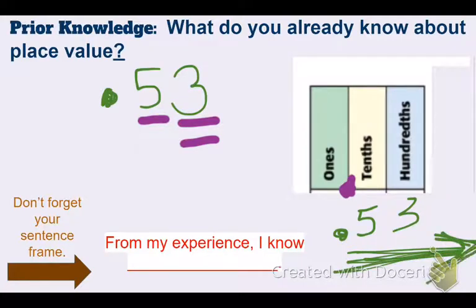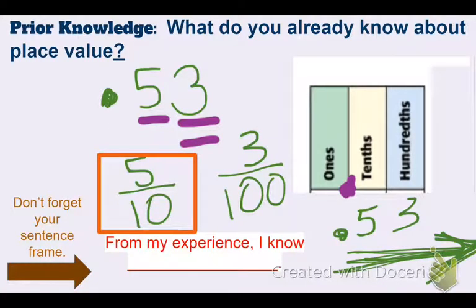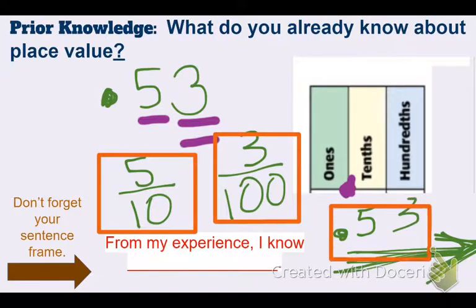The 5 is in the tenths place, or 5 out of 10, right? Or 5 dimes out of 10 dimes. Or you can see the 3 would be 3 pennies, or 3 cents out of 100. So you can begin to understand that place value and fractions are related.